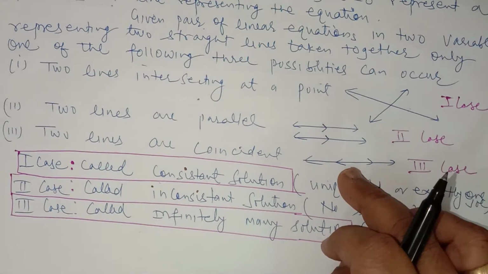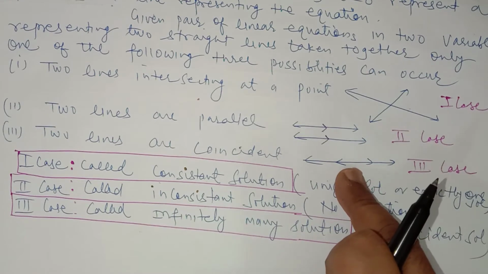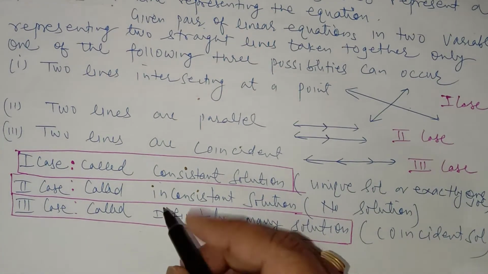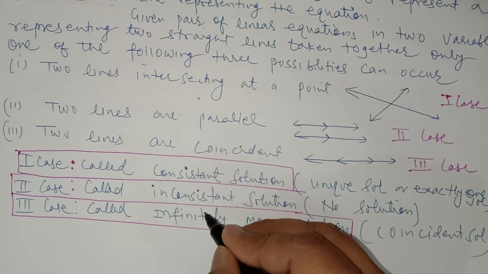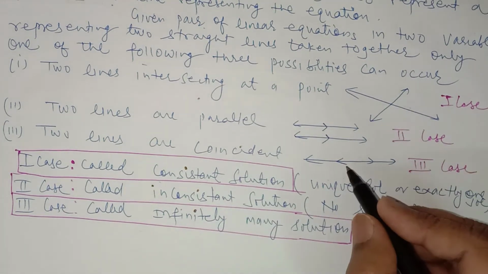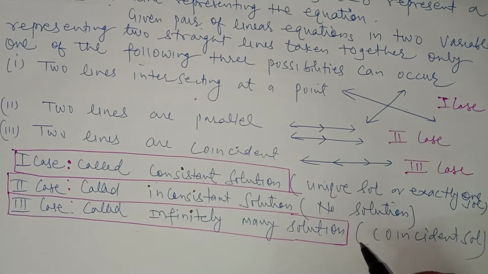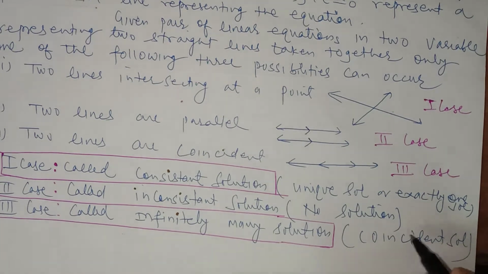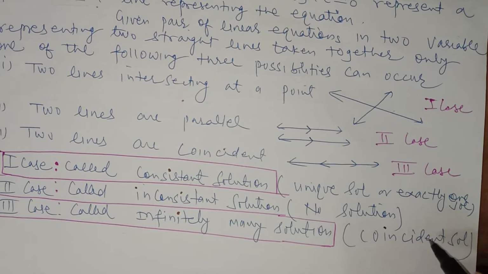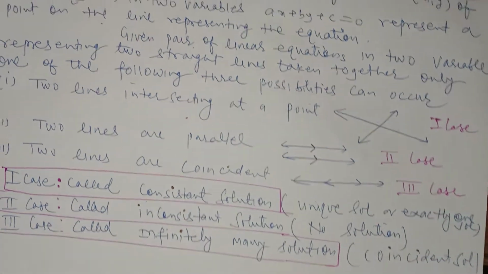In the third case, when both lines are coincident, it is known as having infinitely many solutions, as there are many values of x and y which satisfy both equations. It is also known as the coincident solution.